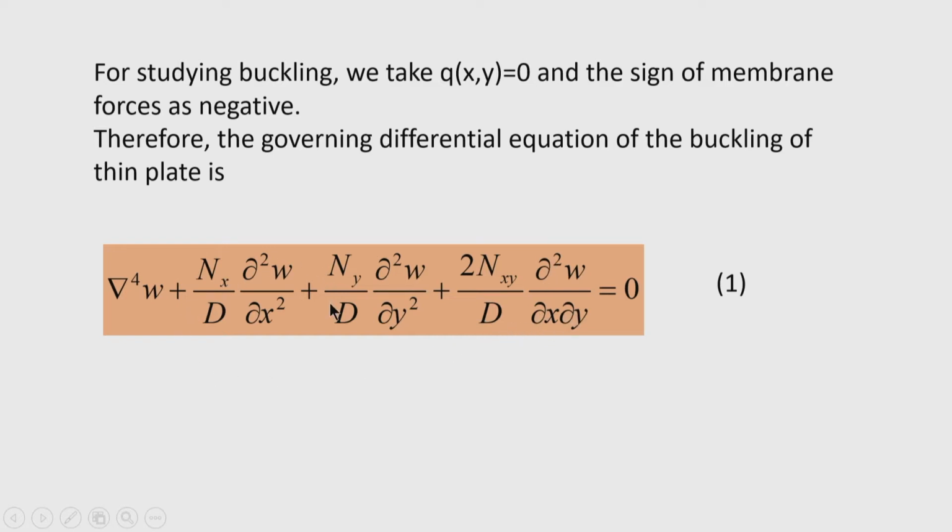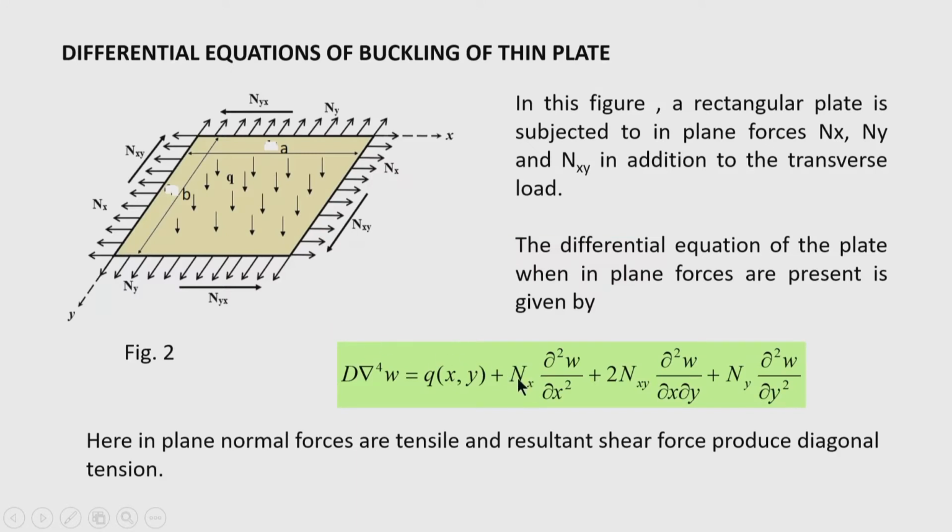You can see in the earlier equation, here in the right hand side N_x, N_xy and N_y were appearing. Now, if I take the sign of N_x, N_xy and N_y as negative, then it will be transferred as a positive quantity on the left hand side, and if I divide both sides by the flexural rigidity of the plate D, then we get this equation.